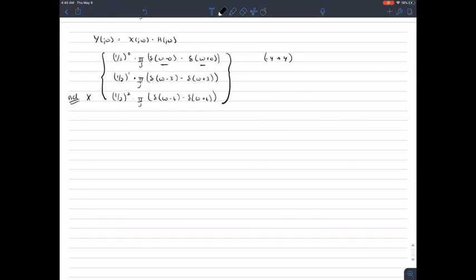Okay, so we need to multiply this times H of j omega, which is e to the negative j omega. Okay?